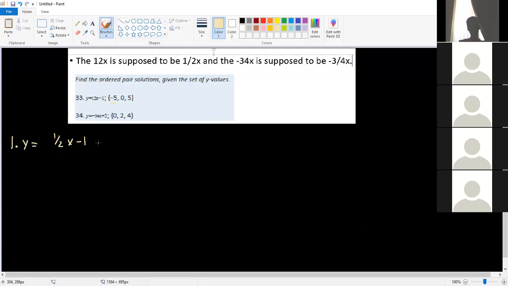So I just found a number, and the number I got was -8 for the x value for -5. So did you plug in -5 for the y coordinate like this?